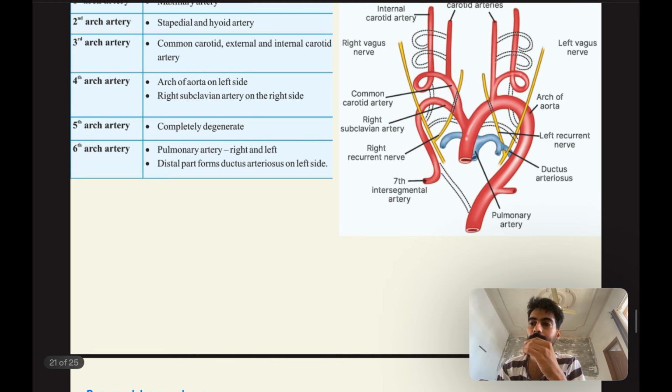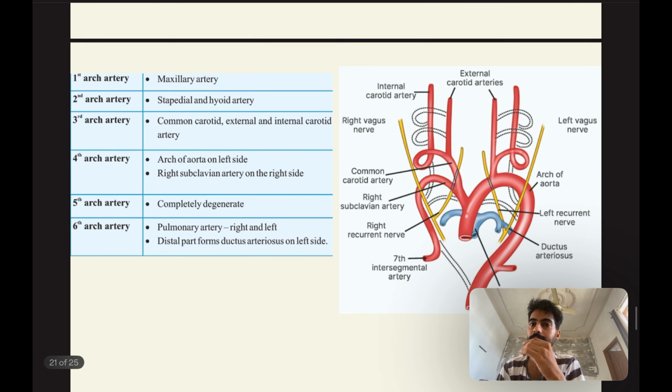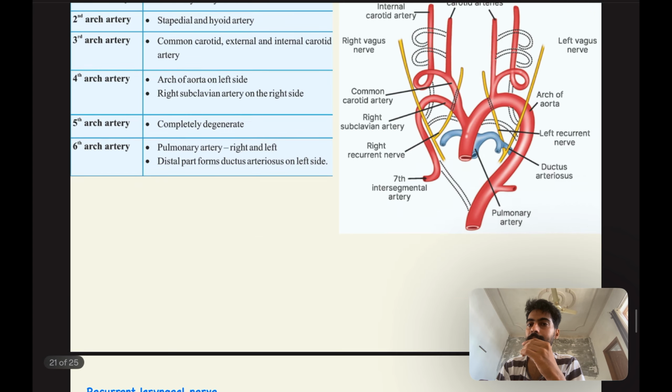The sixth arch artery will form, on the right and left side, the pulmonary artery, and the distal part forms the ductus arteriosus on the left side. So these are all in a nutshell, in a table.